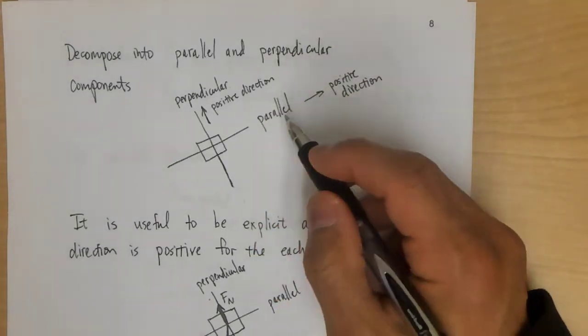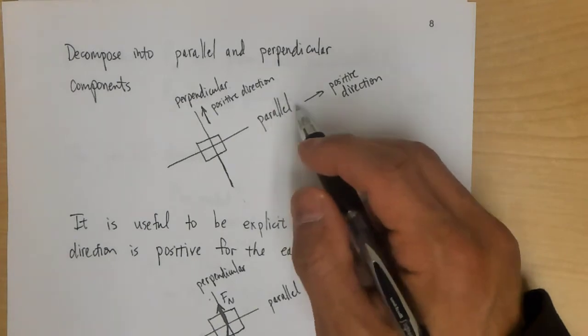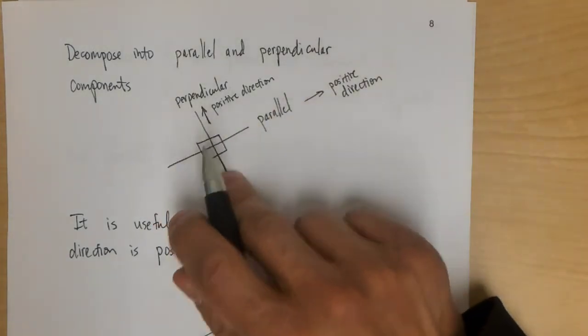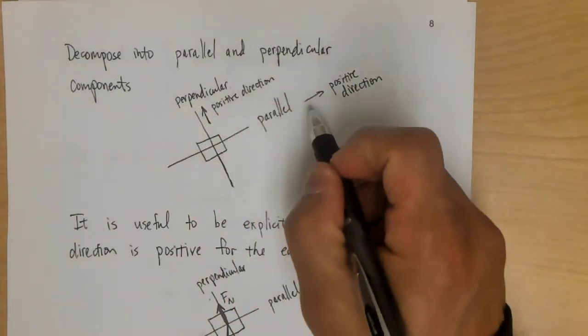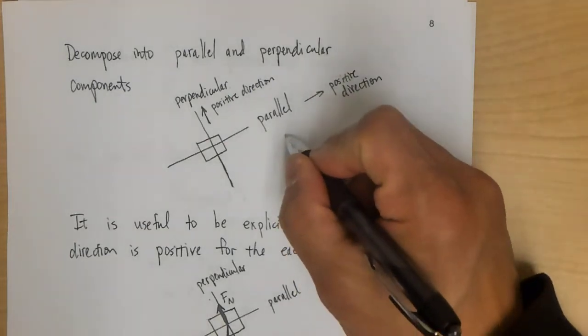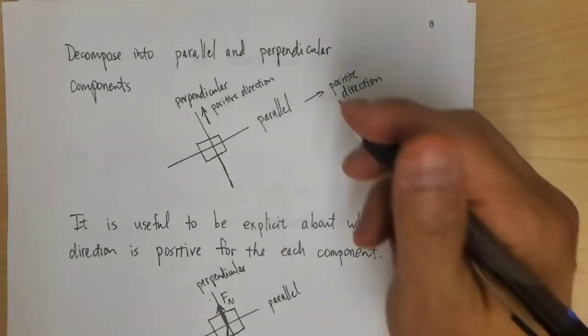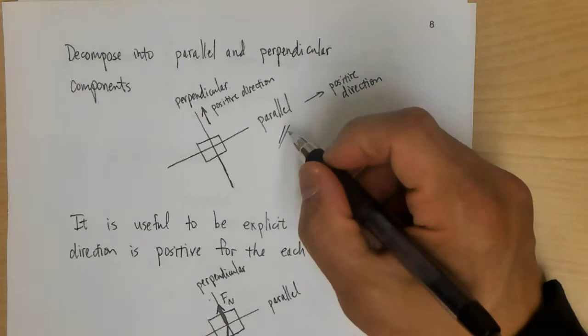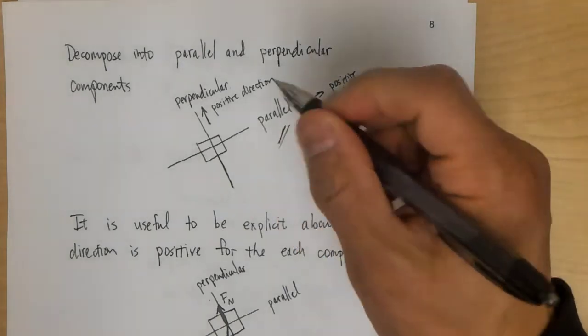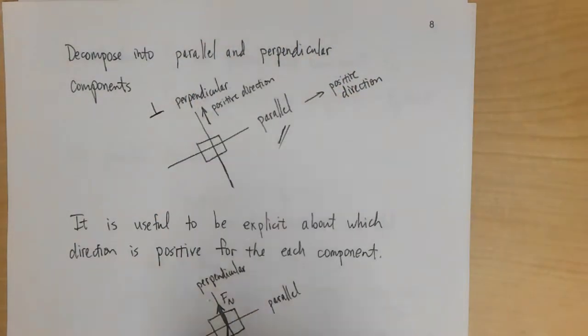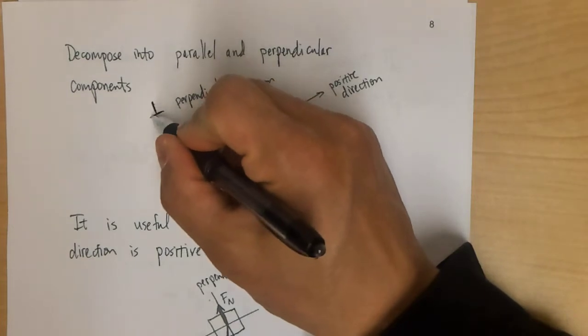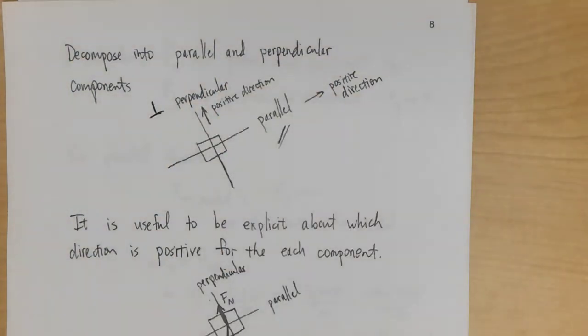So that's why I will stick with the notation that I've used for a number of years. So parallel, the symbol for parallel, I will mention that later, is two parallel lines like this. And the symbol for perpendicular is just these lines that are perpendicular to each other.